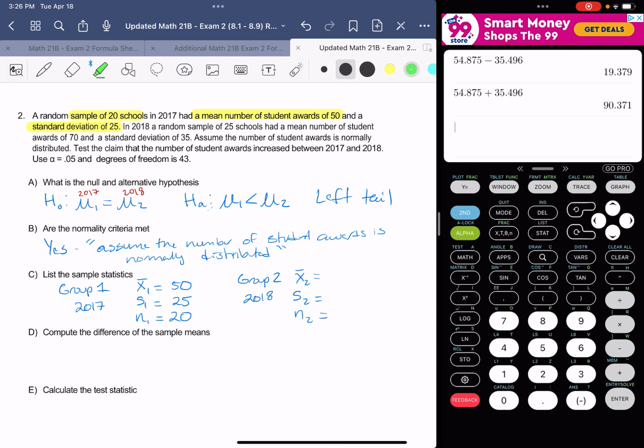For 2018, there's a sample of 25 schools, a mean number of 70 awards, and a standard deviation of 35. So the mean was 70, the standard deviation was 35, and the sample size was 25. Any questions there?